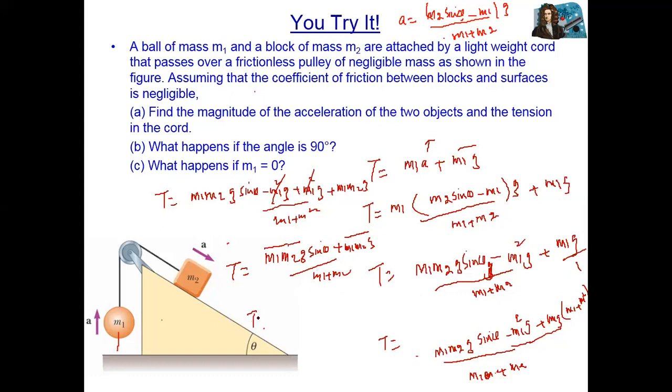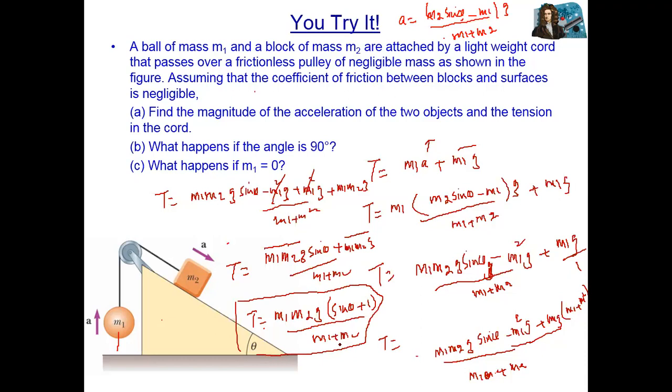So tension is M1 M2 into G, sine theta plus 1, divided by M1 plus M2. So tension formula is M1 M2 G multiplied with sine theta plus 1 divided by M1 plus M2. This is the equation for tension.